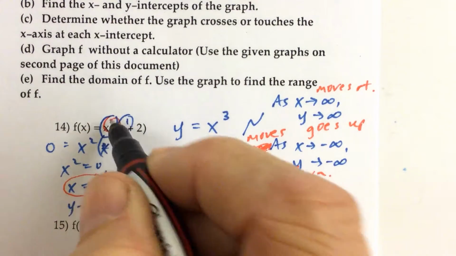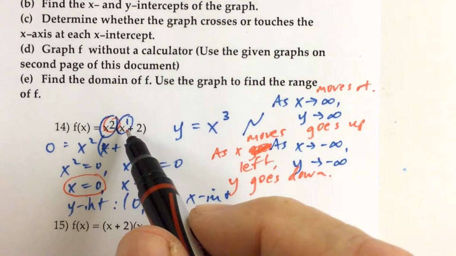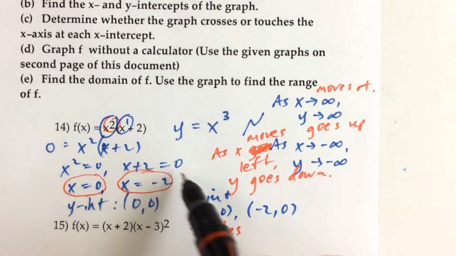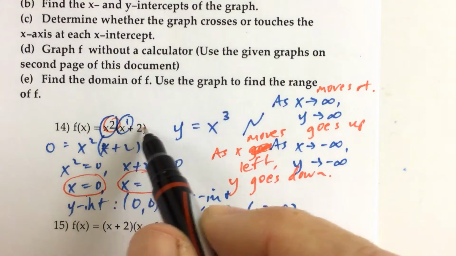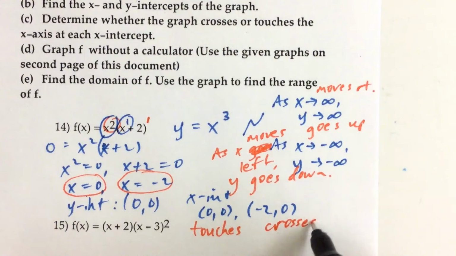And if the multiplicity is 2, then the graph of the function touches the x-axis at (0, 0). And then we have the factor of x plus 2 that corresponds with the zero of negative 2. And since this factor has an exponent of 1, the multiplicity of 1, we would say that the graph of the function crosses the x-axis at negative 2.